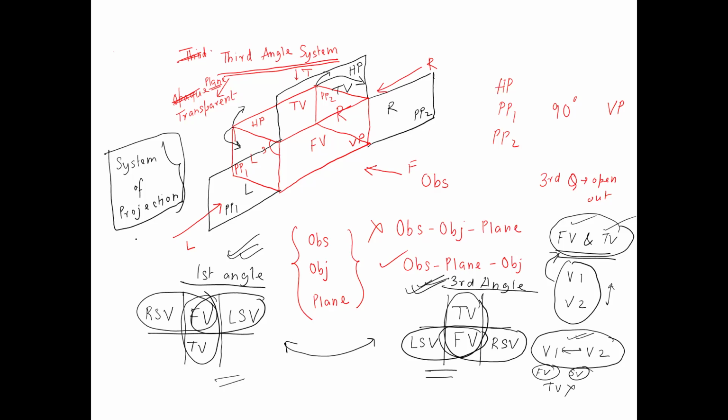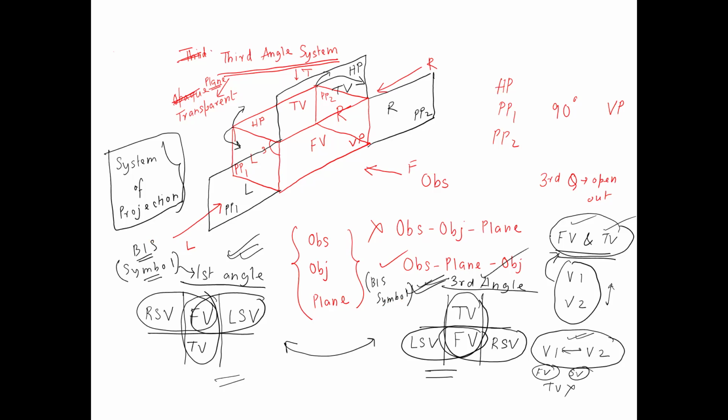The answer is no. There is a standard symbol called the BIS symbol. BIS stands for Bureau of Indian Standards. BIS has introduced a standard symbol for the first angle system of projection. Similarly, there is a BIS symbol, a standard symbol for the third angle system of projection.